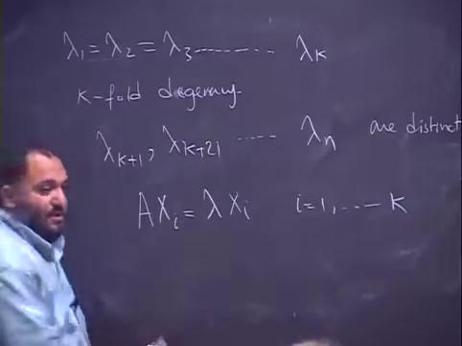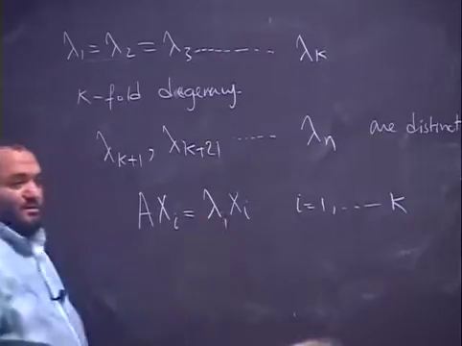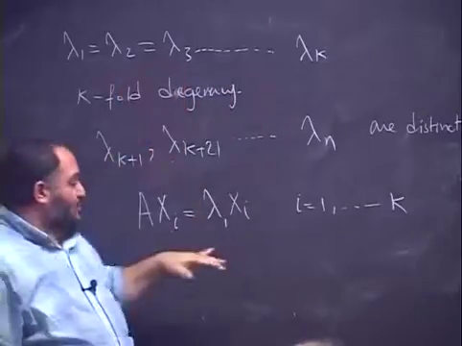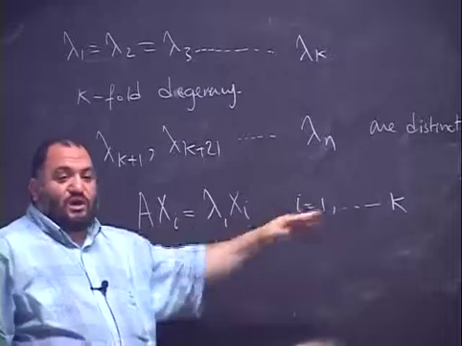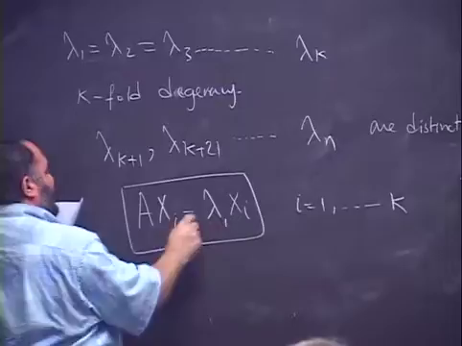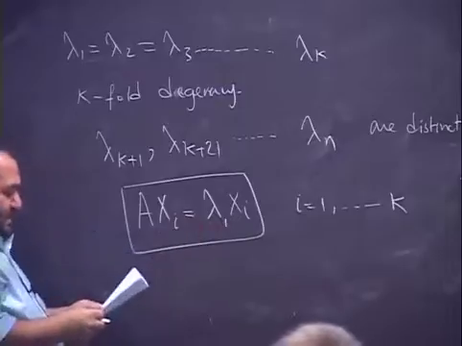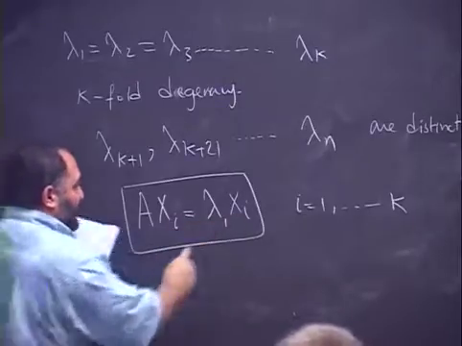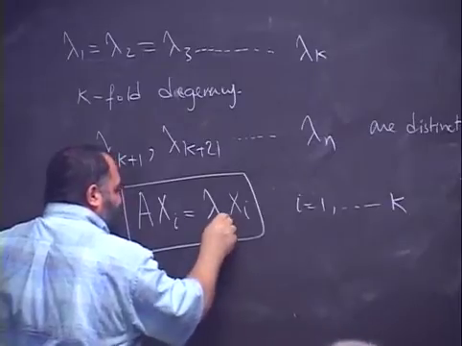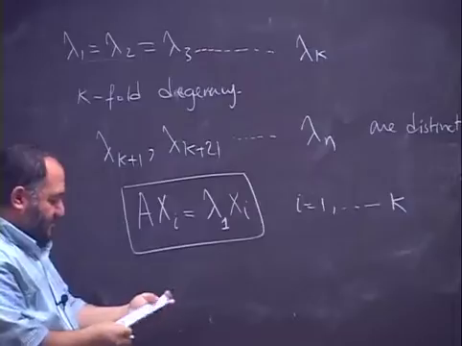So I can pick just lambda 1, because lambda 1 is equal to lambda 2 is equal to lambda 3. So from i equal to 1 to k, you can write A xi equal to lambda 1 xi. This is not i, this is lambda 1. So you can write lambda 1 or lambda 2 or lambda 3 or whatever.